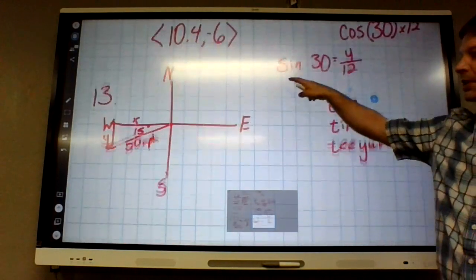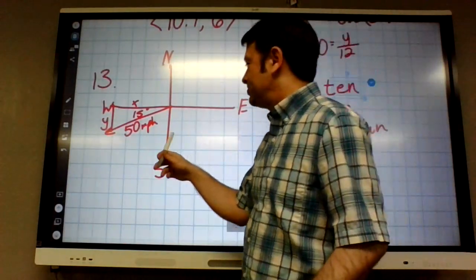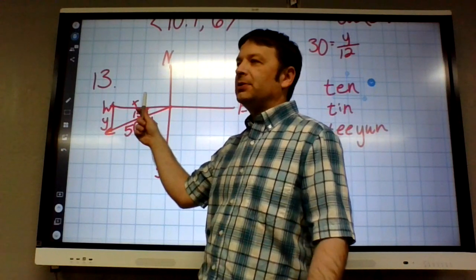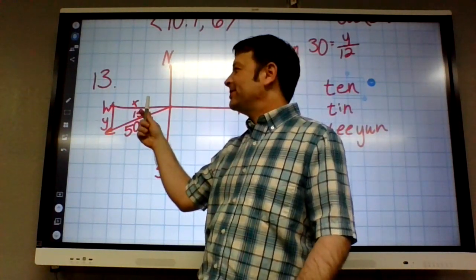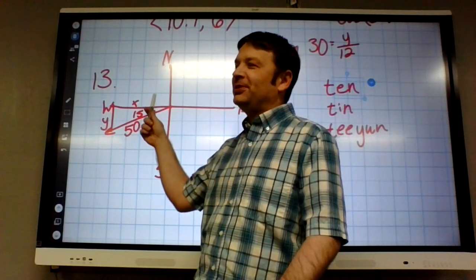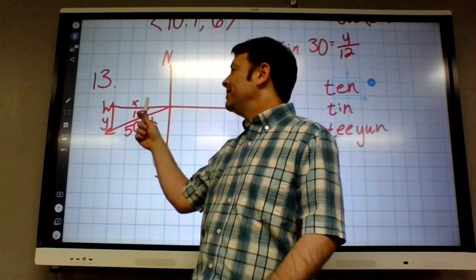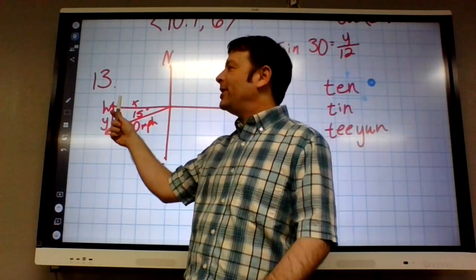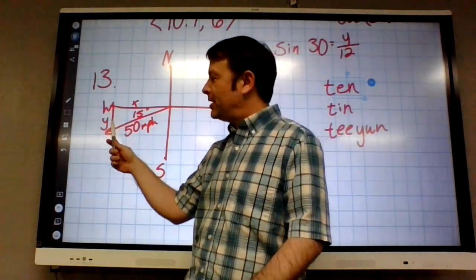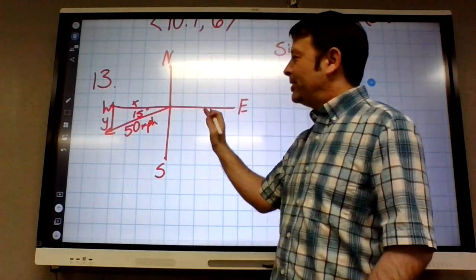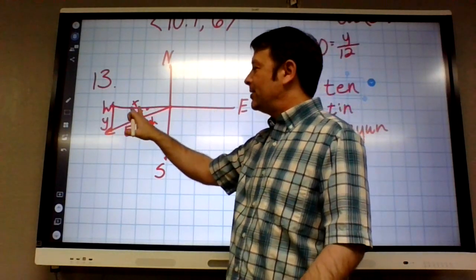Here, x is going backwards, so it's negative, and y is going down, so it's negative. So when we find these answers, we need to make them negative.